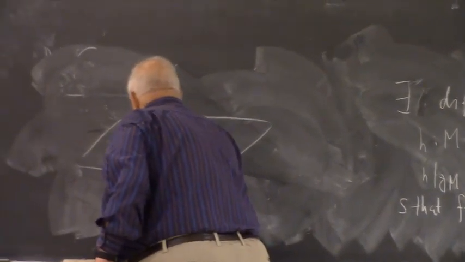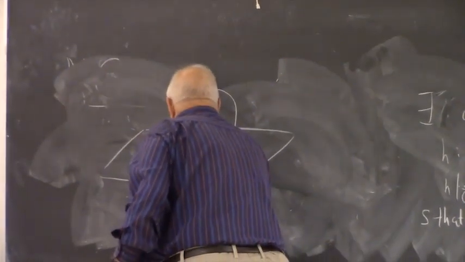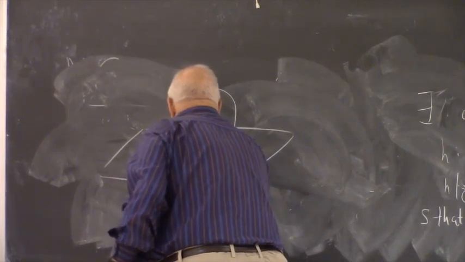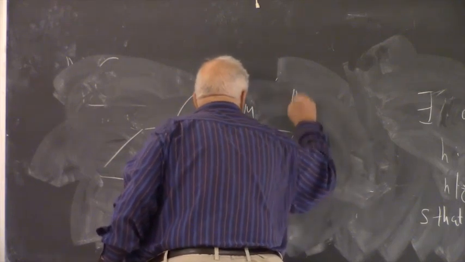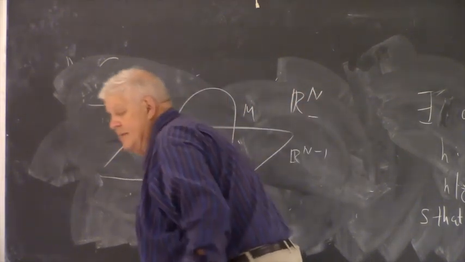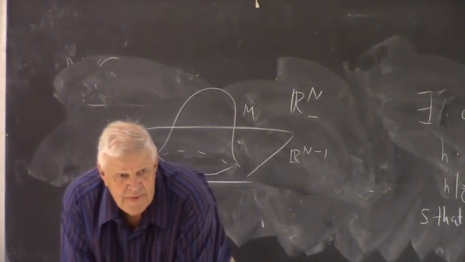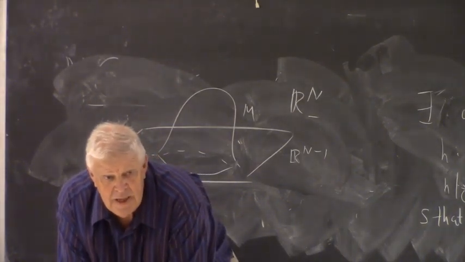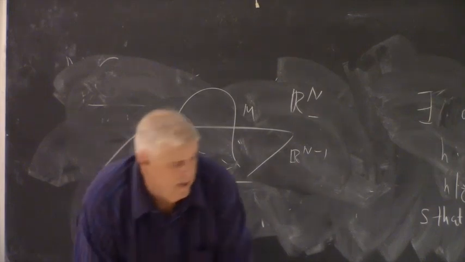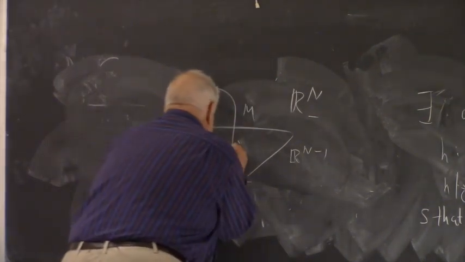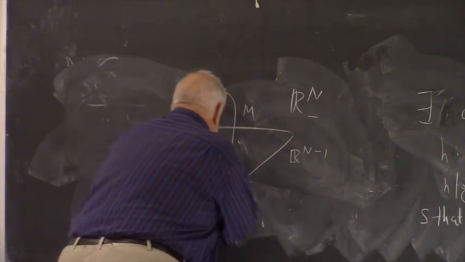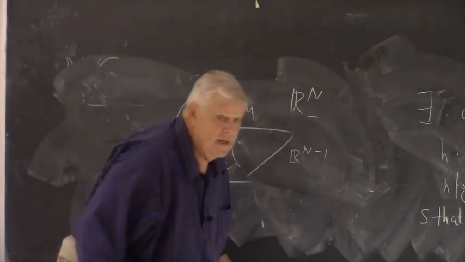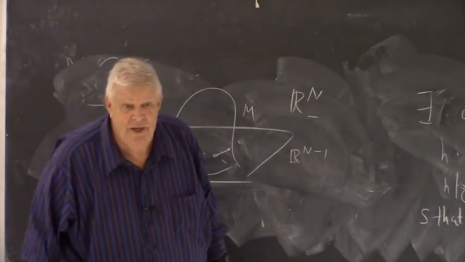So M is embedded into R^N, right? Then if you take two nearby points on M, we can draw a straight interval that joins them, right?